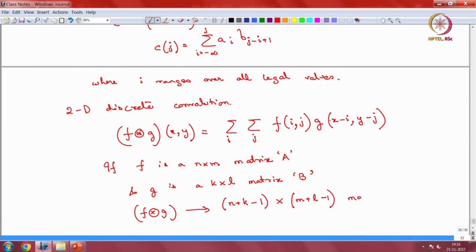And we'll call this matrix, let's say C.